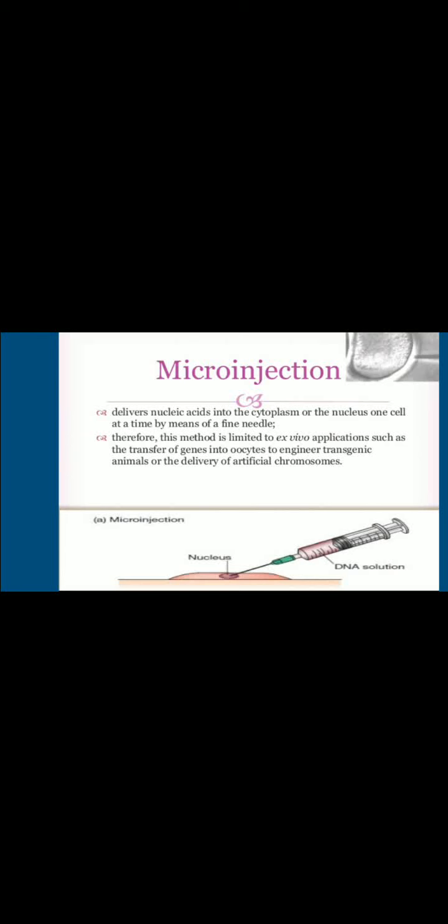In this technique, the DNA solution is directly inserted inside the nucleus of the cell. So it has high efficiency. Advantages are that the frequency is stable, and the method is effective in transforming primary cells. The disadvantage is that it is very costly and requires skilled workers.